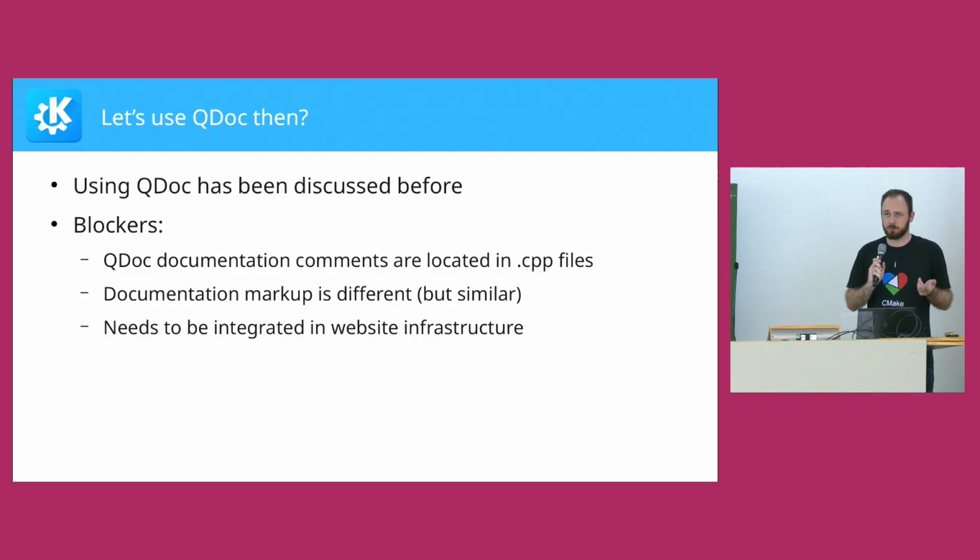Then QDoc uses a slightly different markup than Doxygen. It's conceptually similar in many ways, but different enough that it's not something you can just easily convert, and it would be a bit of work. And if we did that, then we would also need to make sure that we can actually build and deploy our API documentation using QDoc on the actual website.